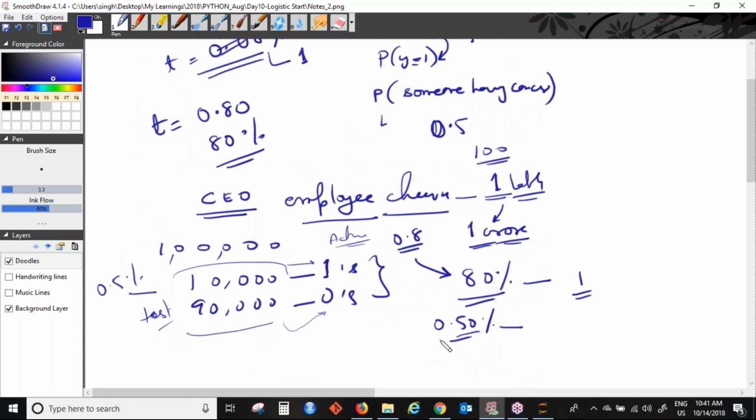If the model says with 50% probability that an employee is planning to quit, we will not give him 1 lakh rupees, because every employee has a 50% chance of quitting for better opportunities. We will give 1 lakh rupees only if the chance of quitting is 80% or more.